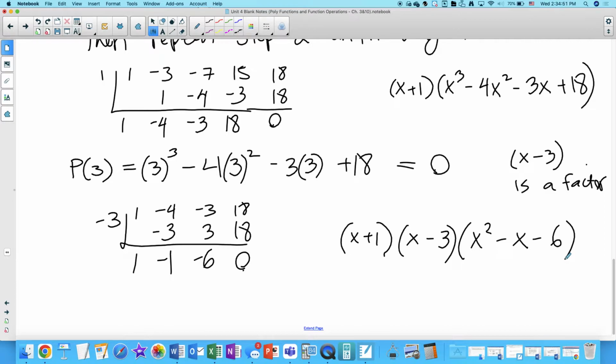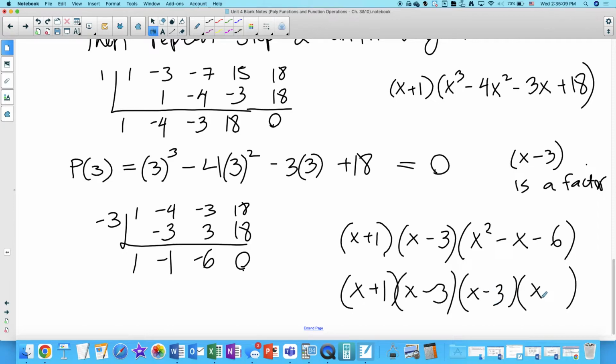So this works out to be x plus 1, x minus 3. And then we're looking for 2 numbers that multiply to negative 6 and add to negative 1. So that's x minus 3 and x plus 2. Okay, so there's actually 2 factors of x minus 3 in here.